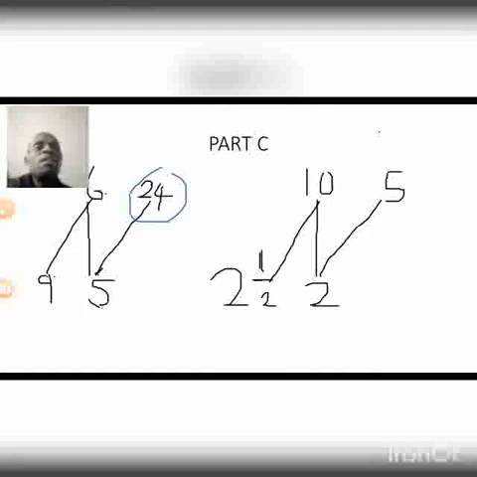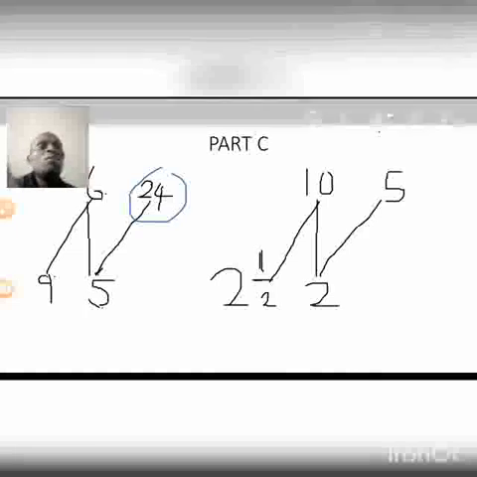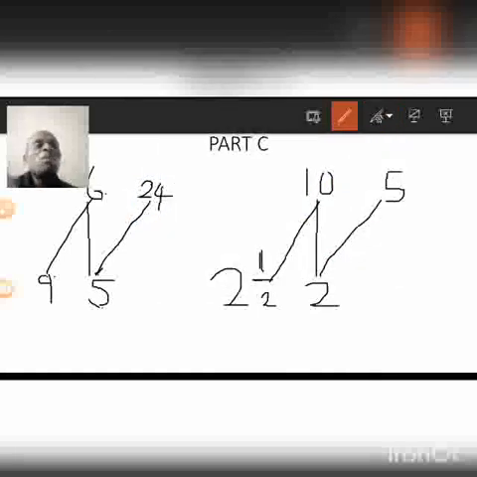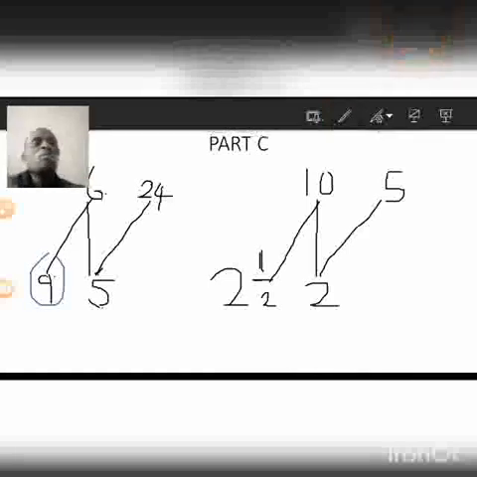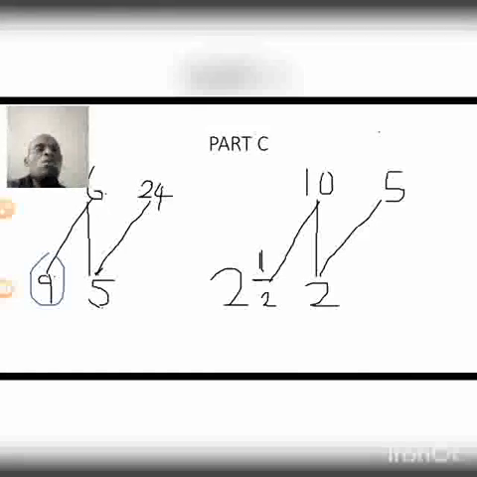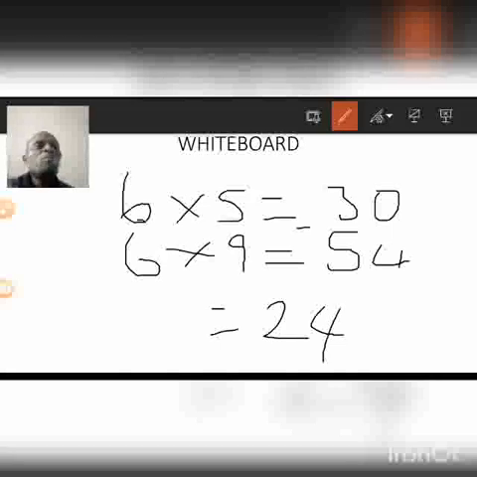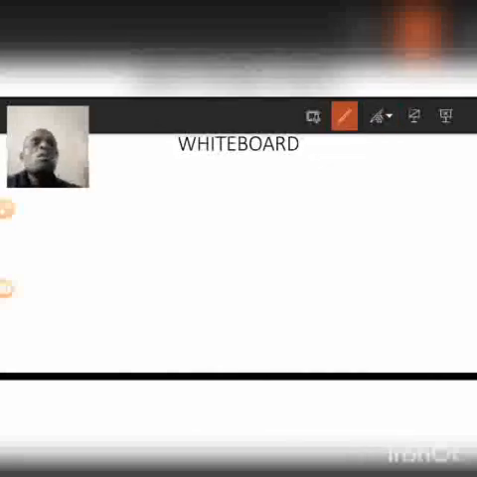Then the next thing is, how do we get the second part? We are talking about 9. How do we get the 9? Now let's go to the board again. The first thing you do is to remember that the 6 is playing a very important role there.